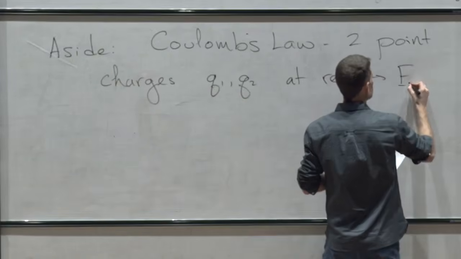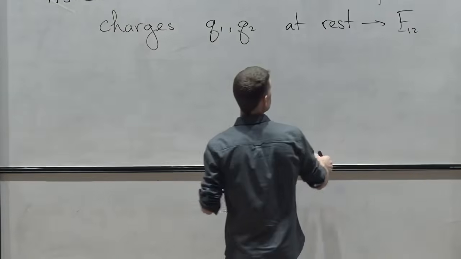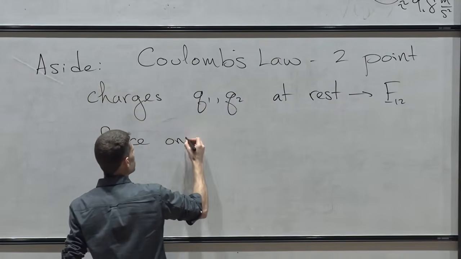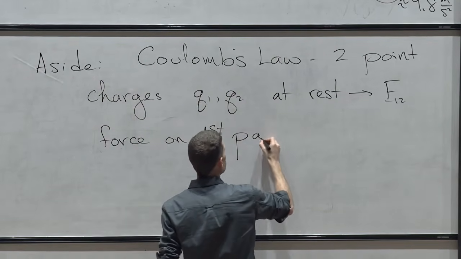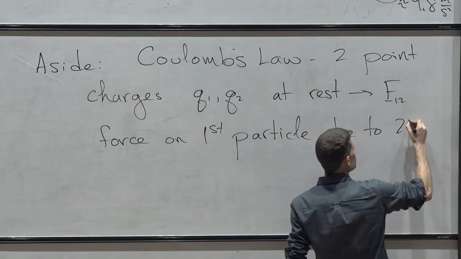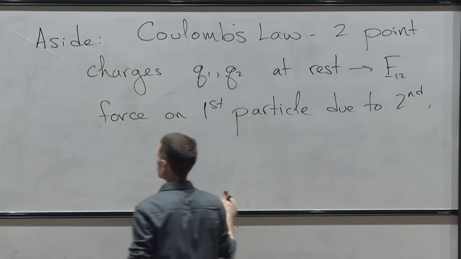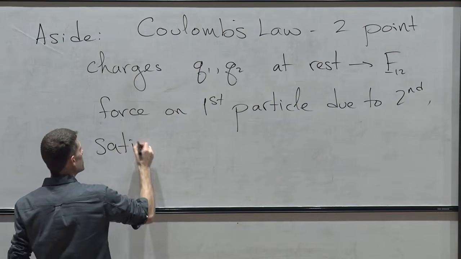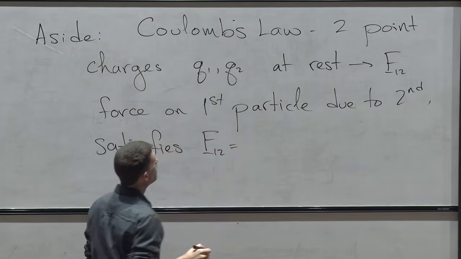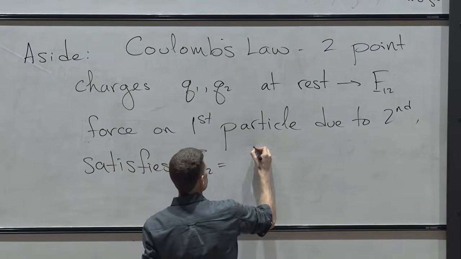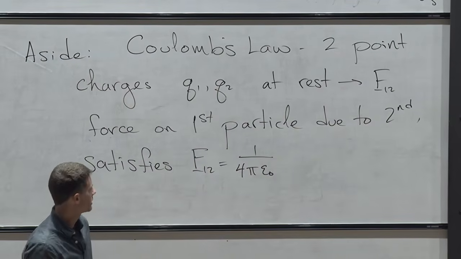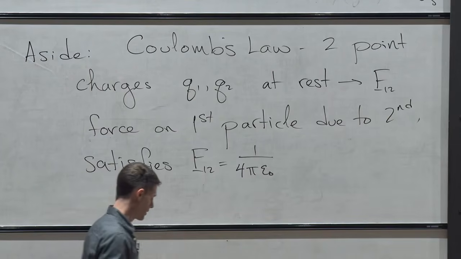So F1,2, the force on the first particle due to the second, satisfies: you get another universal constant sitting out front, which is written as 1 over 4 pi epsilon naught.